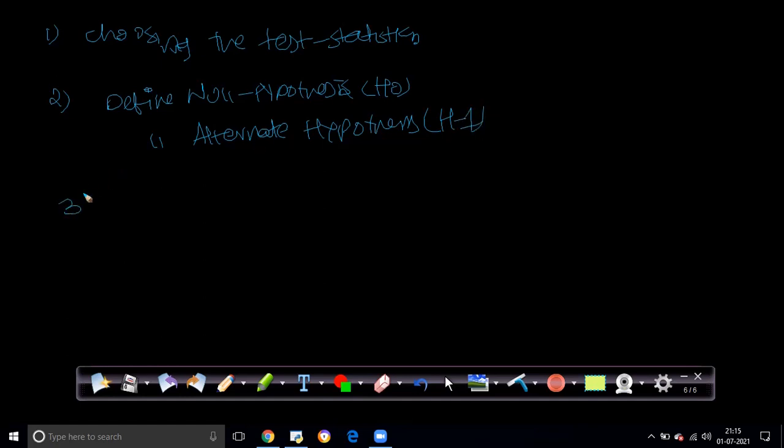And the third step is computing the p-value. These are the three important steps which we have to follow in order to perform this hypothesis testing. So let's go to step 1, how we are going to choose the test statistic.